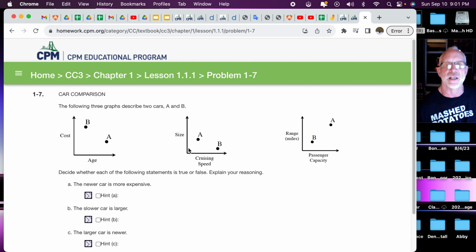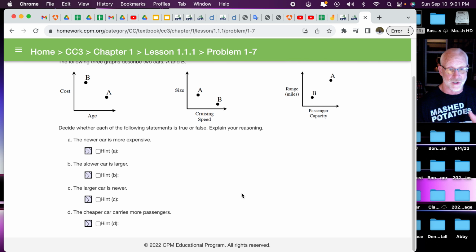This is the size, small to large, car B and car A. This is the passenger capacity, how many people can sit in there. Car B, lower, car A, higher. This is a range. This is how far this car can go. A gallon of gas. This is car B, lower. This is car A, higher. So use your hints, use your clues to figure this out.